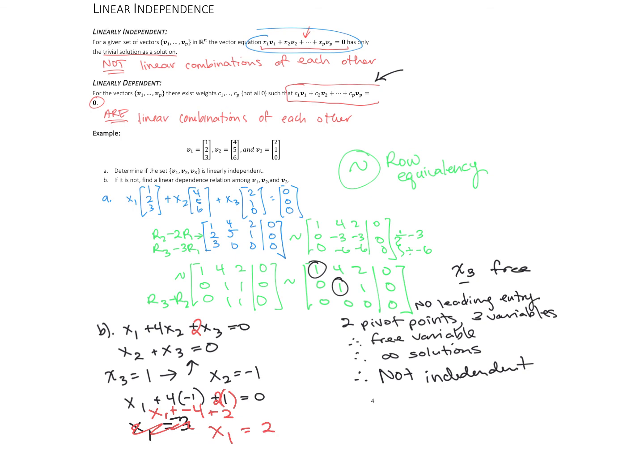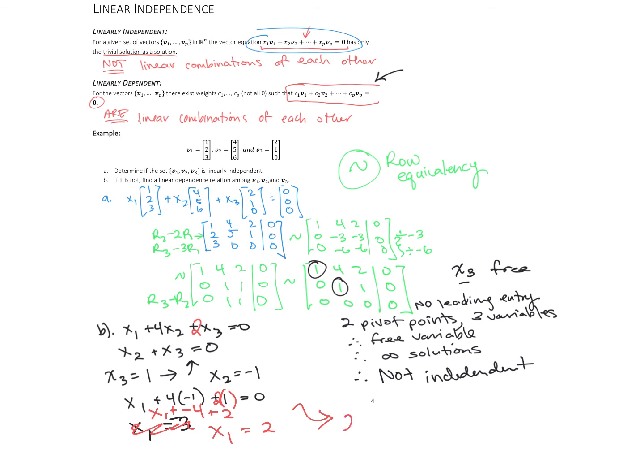So our linear dependence relationship based on these x values is just one among an infinite number. So our C1 is whatever we found for x1.